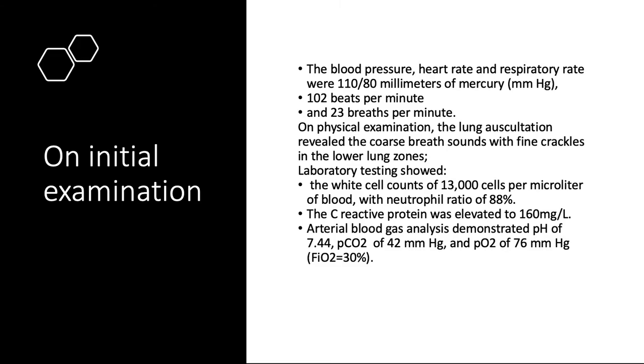Laboratory testing showed a white cell count of about 13,000 cells per microliter of blood with a neutrophil ratio of 88%. The C-reactive protein was elevated. The arterial blood gas analysis demonstrated a pH of 7.44, and the other outcomes you can see on this slide.